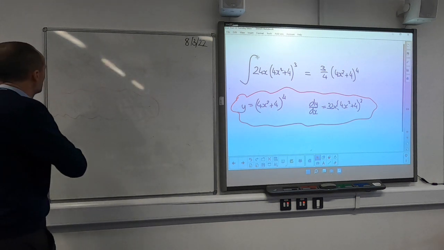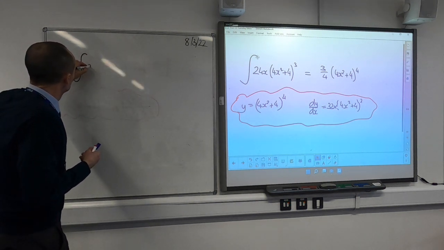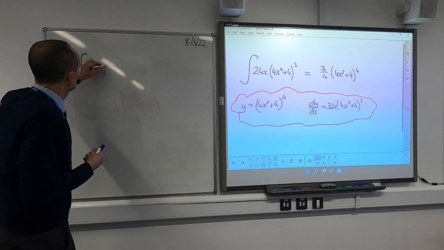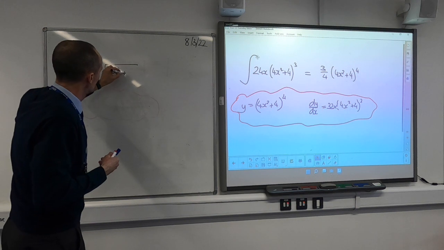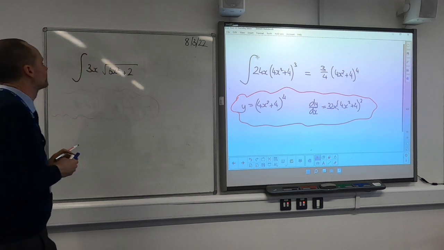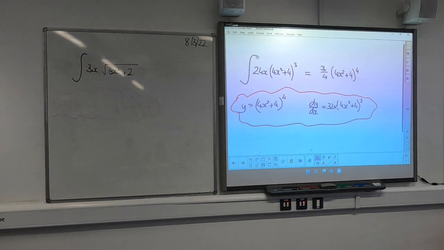So let's do this first. So how on earth am I going to integrate that? Well, can I rewrite it to make it look a bit like one of the others?